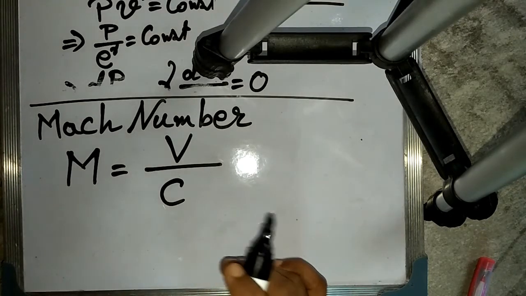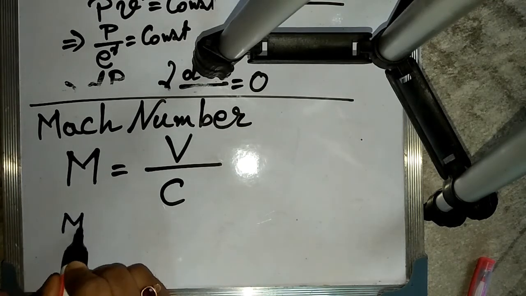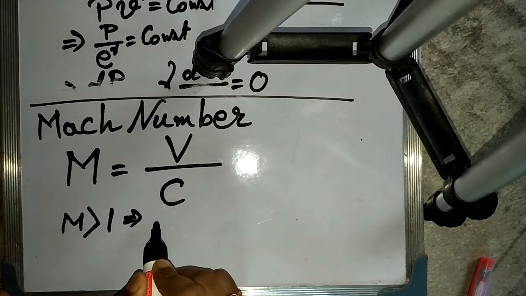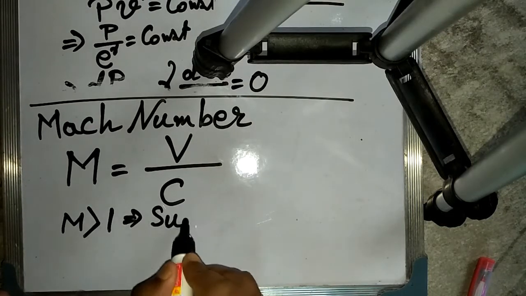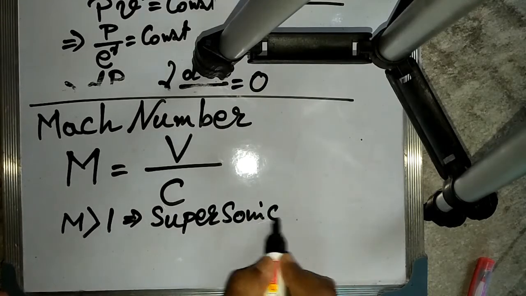When the Mach number, the value of M, is greater than 1, the flow is said to be supersonic.